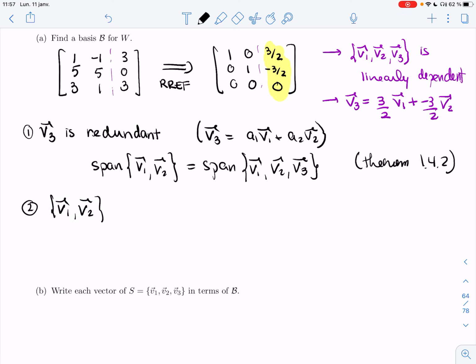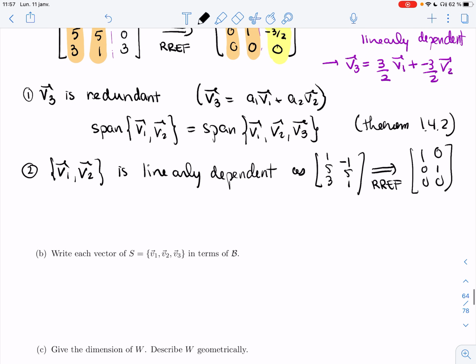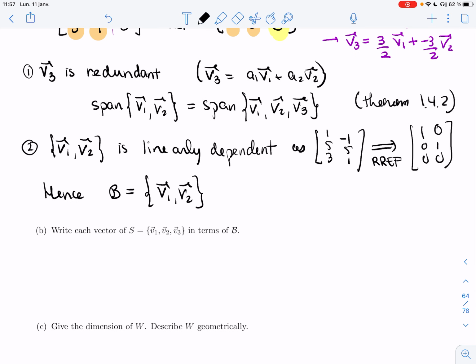V1, V2 is linearly independent, because if I'd only started with these two, I would end up with only one unique solution, only the trivial solution, since I have a leading one in each column. And so the basis is V1, V2.